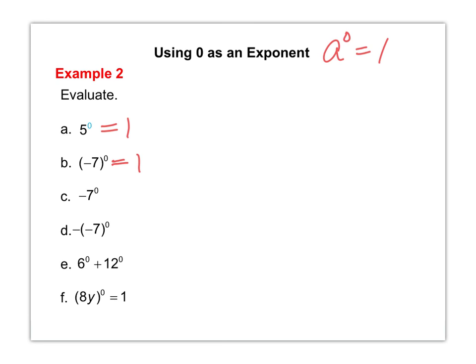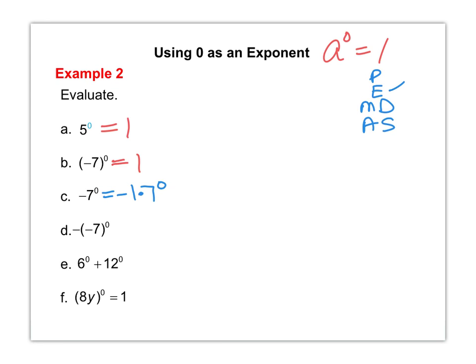Now with part C, be careful here, because we have -7 to the 0 power, but that negative in front of the 7 is really a -1 times 7 to the 0 power. And remember the order of operations: you're going to do exponents before you do multiplication. P for powers, E for exponents, and then multiplication and division from left to right, and then addition and subtraction from left to right.